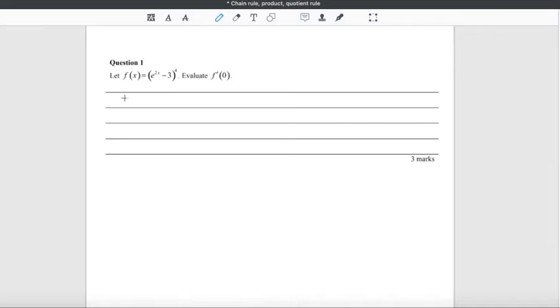So again, we always usually start with a u. So u is our inner function, which is e to the power of 2x minus 3. du dx, well, what we know from our cheat sheet is that the derivative of e to the ax equals a e to the ax.